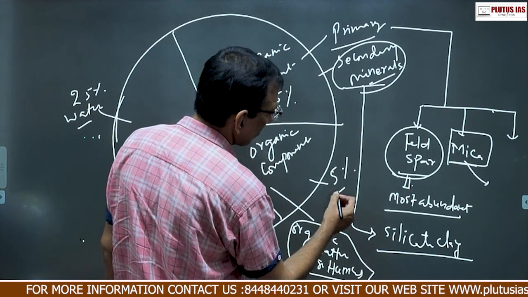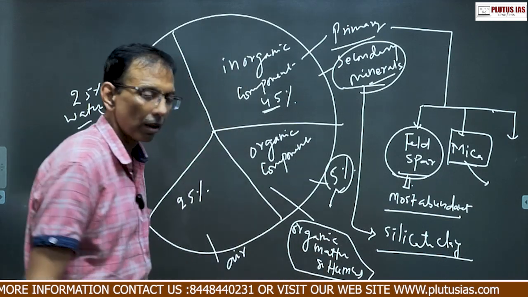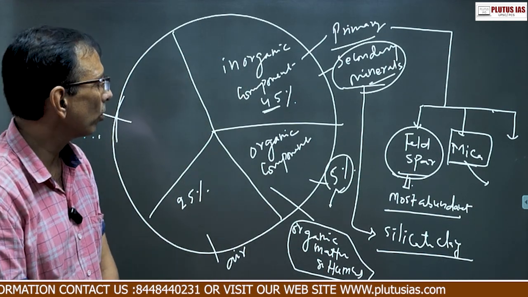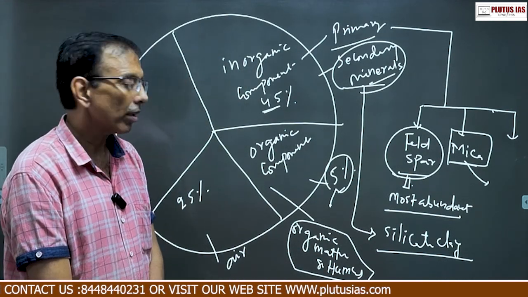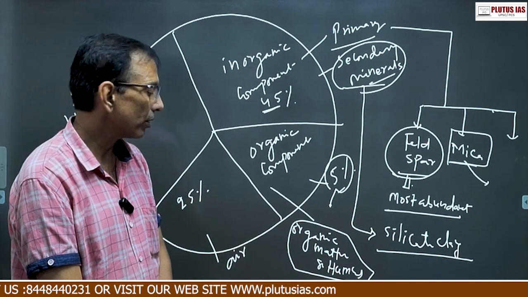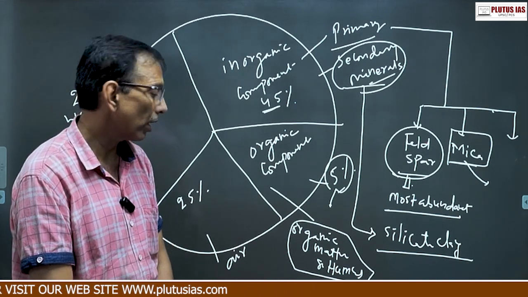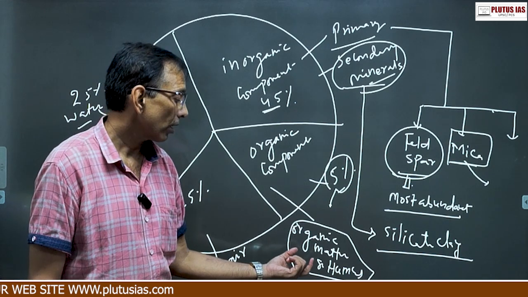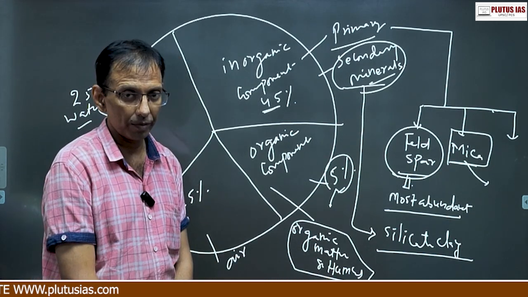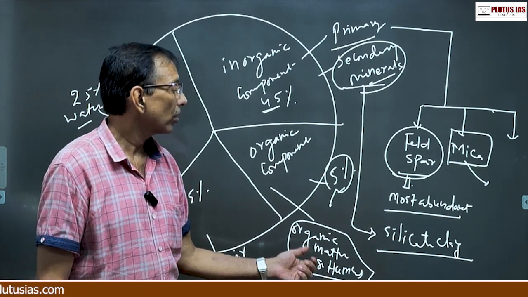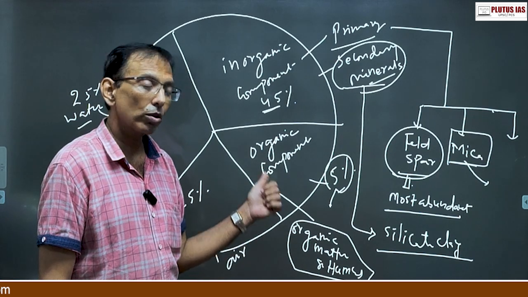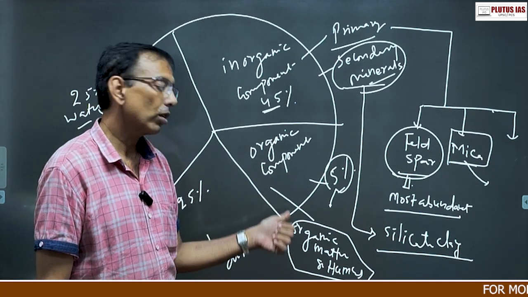Although it is a 5% part of the soil, it is playing an important role in providing fertility to the soil. Since organic matter is the chief source of nitrogen, when organic matter is converted into humus, then it provides nitrogen and phosphorus to the soil.